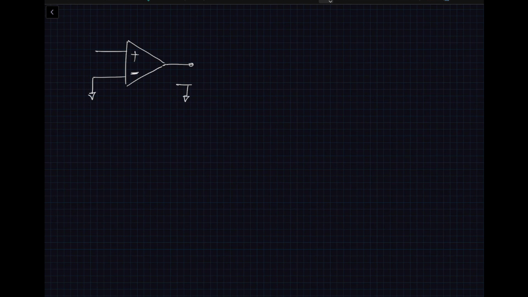So you should never confuse this with an absolute zero of the amplifier. Okay, so this is an analog ground, and now I'm applying a positive signal here, which is, let's say, VP.